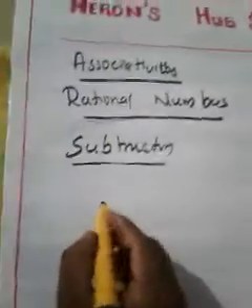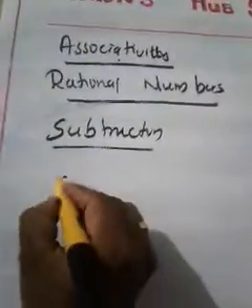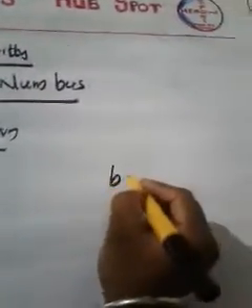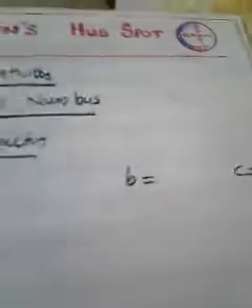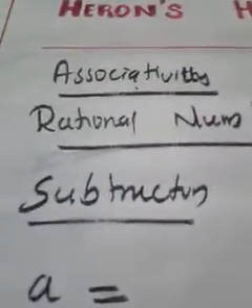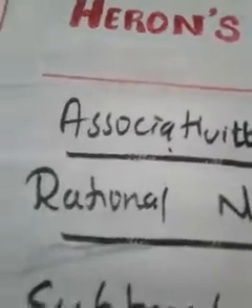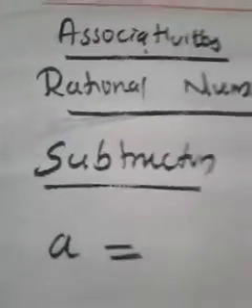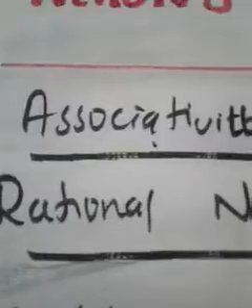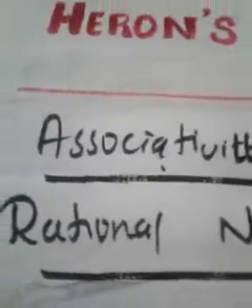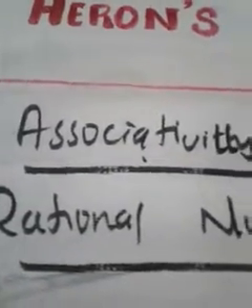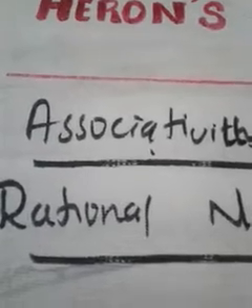So as always, in order to check associativity, we need three numbers A, B and C. Let me ask you one question. If it is under closure property, do we need three numbers? No, we need only two numbers. If we are going to check commutativity, is there any need of three numbers?